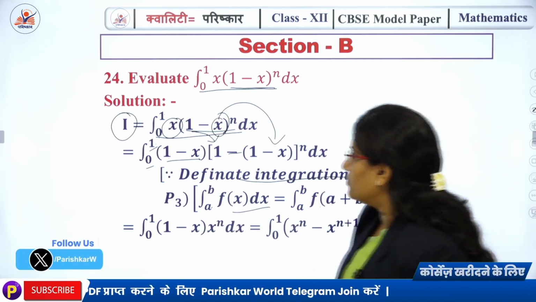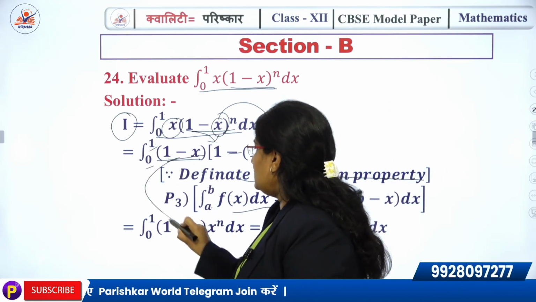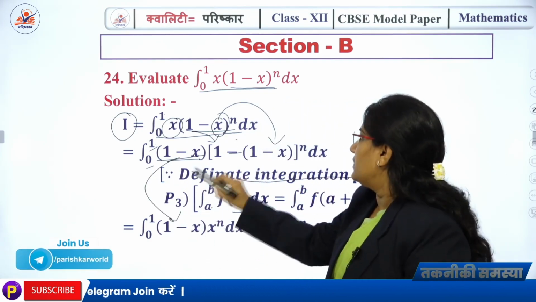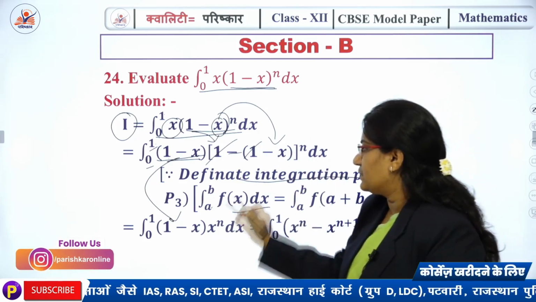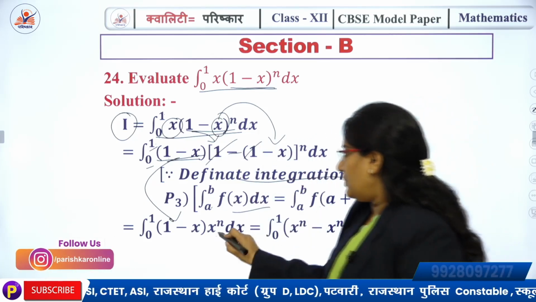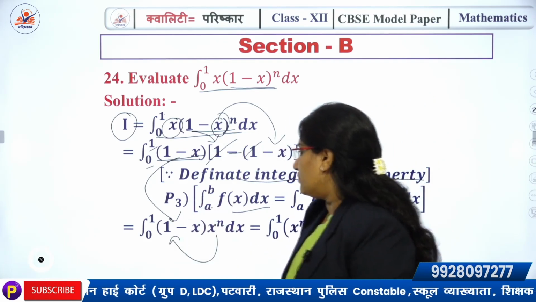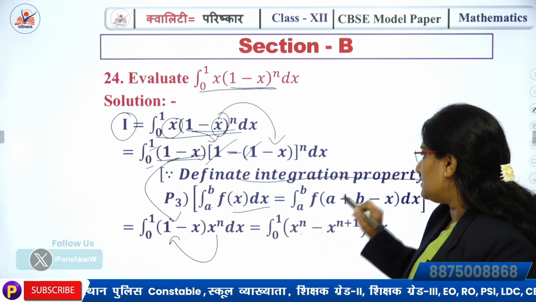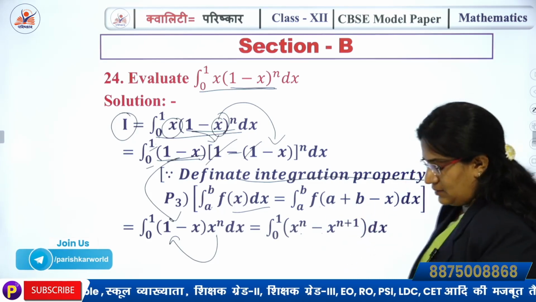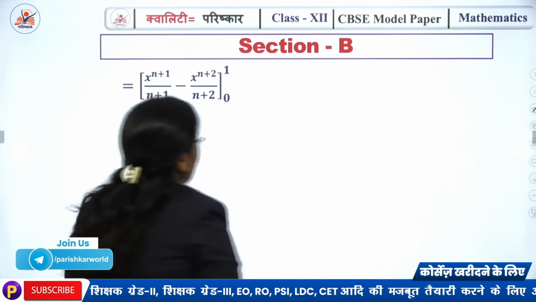After calculating this, we have 1 minus x as it is, and 1 minus 1 cancels out, plus x to the power n. After multiplying this x raised to the n with 1 minus x, we have x to the power n minus x to the power n plus 1 dx. Now it's very simple integration.